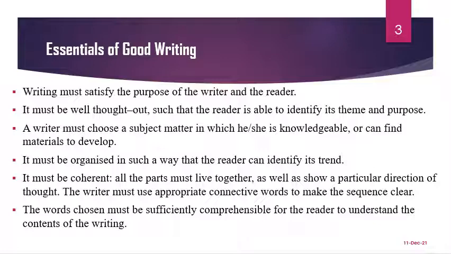It must be organized in such a way that the reader can identify its trend. A good writing must be coherent. All the parts must live together, as well as show particular direction of thought. The writer must use appropriate connective words to make the sequence clear. The words chosen must be sufficiently comprehensible for the reader to understand the contents of the writing.